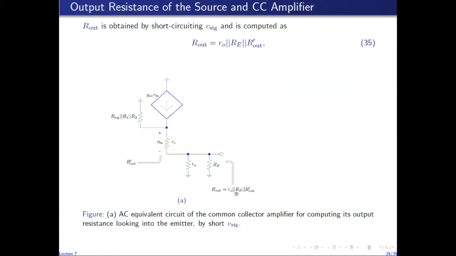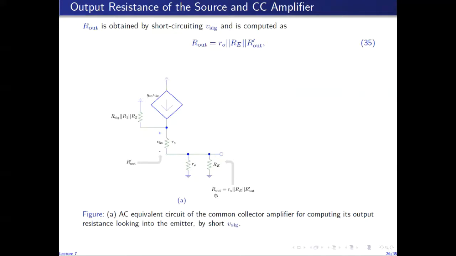So you can clearly see that the resistance seen looking into this port, which is the resistance between emitter terminal and ground, is equal to capital RE in parallel with small r0 in parallel with the resistance seen looking into this side of the circuit between emitter and ground.